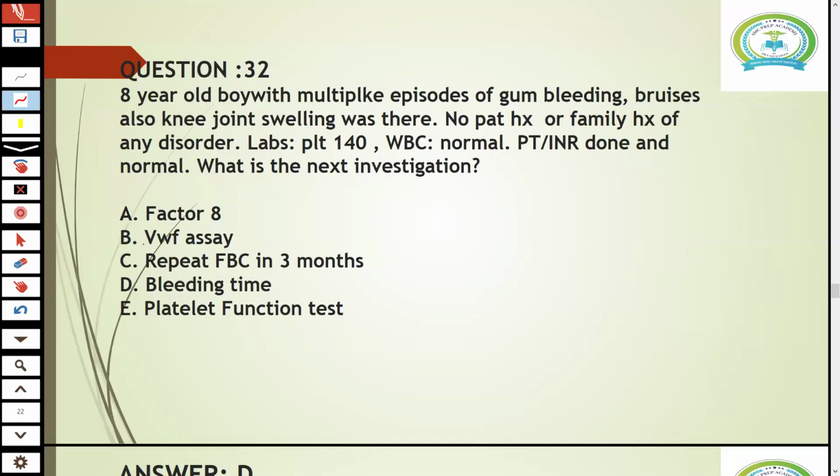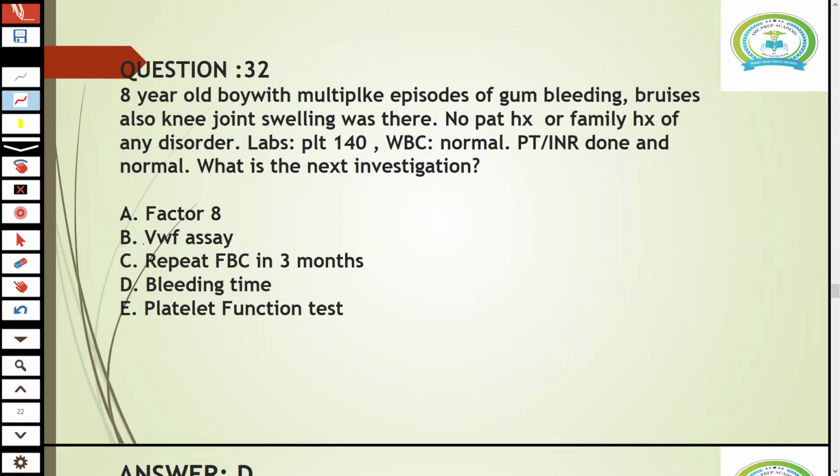Okay, the next question is: an 8-year-old boy with multiple episodes of gum bleeding and bruises, and there was also knee joint swelling. No past history or family history of any disorder. Lab: platelets were 140, WBC is normal. PT and APTT are done and both are normal.